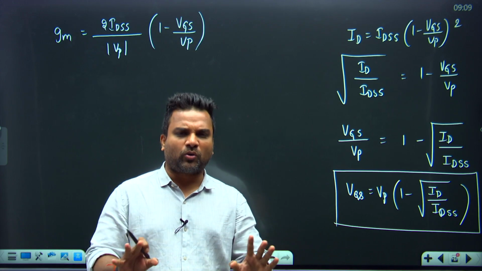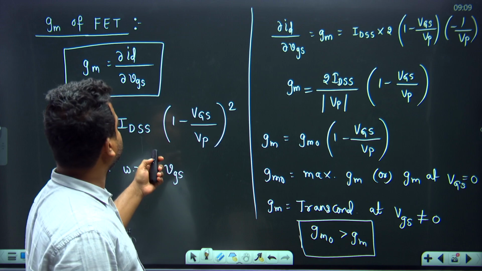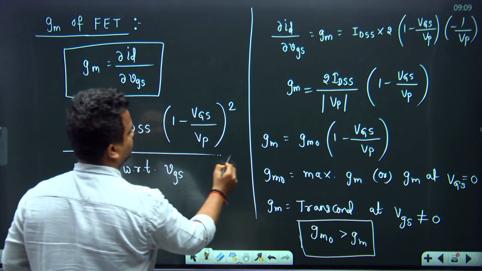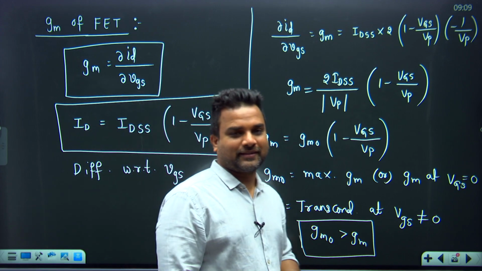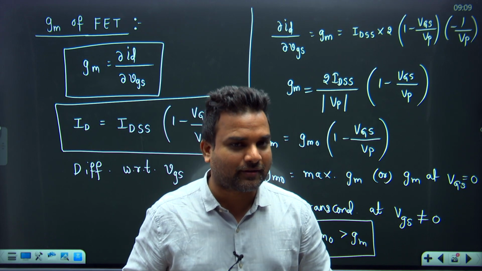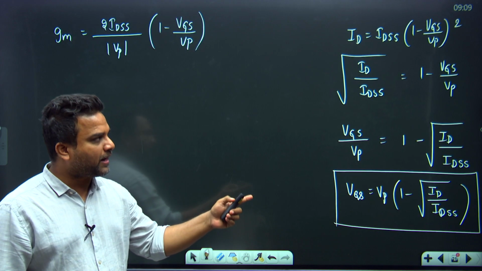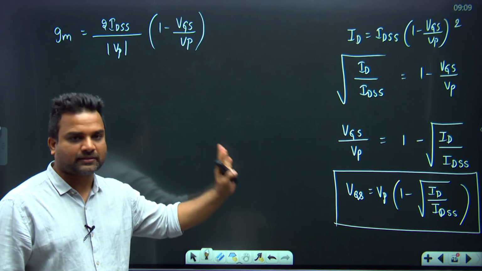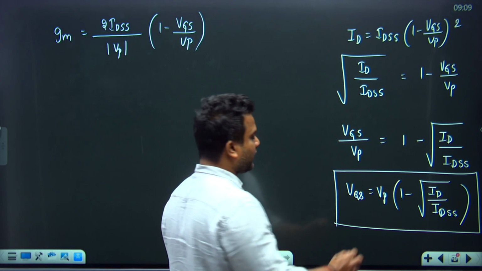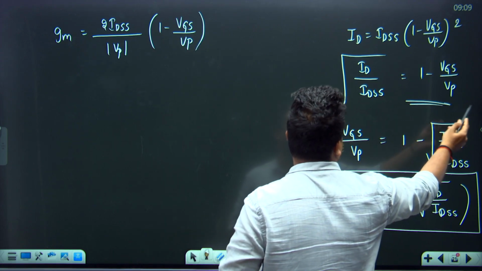Most of the people know only the drain current equation, which is this. Of course, this is very important, but see, what is the voltage equation VGS? You need to know, that is VP into 1 minus square root of ID by IDSS, that's it. Now guys, see, here 1 minus VGS by VP is there, here also 1 minus VGS by VP is there.